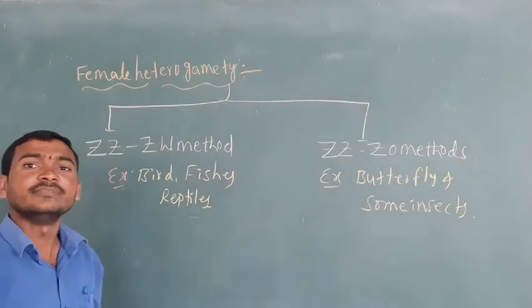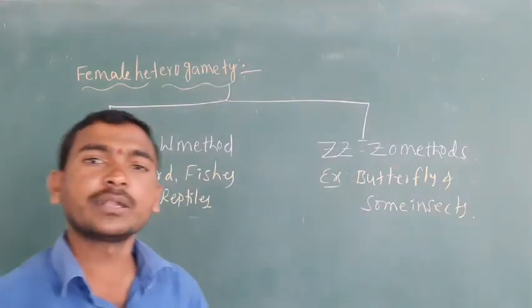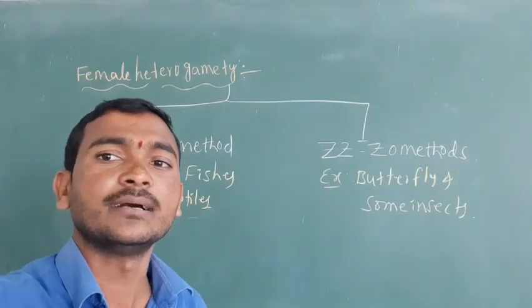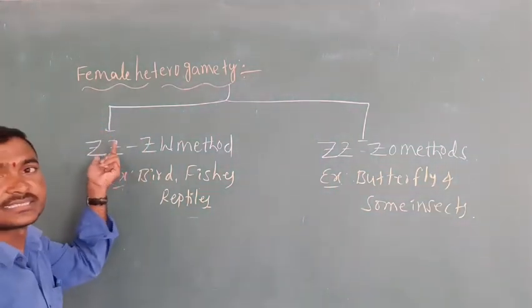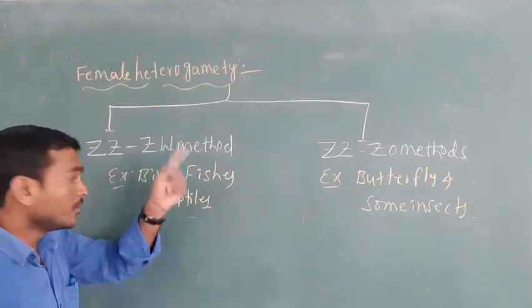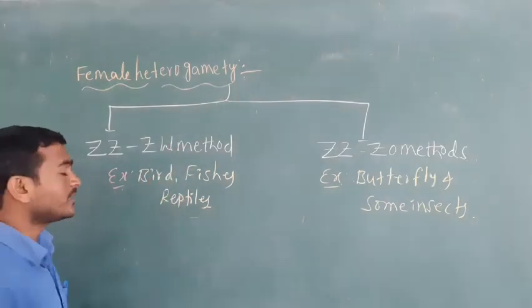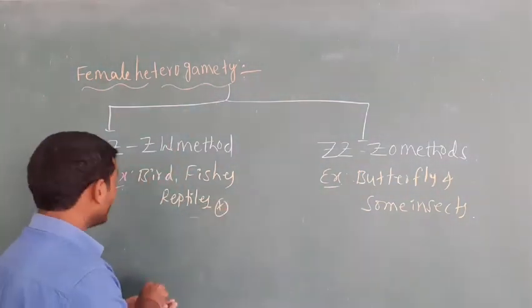See here, we get one doubt. Here we are taking ZZ, ZW, as in XX, XY, XX, X0. But without confusing ourselves, what do we have to do?